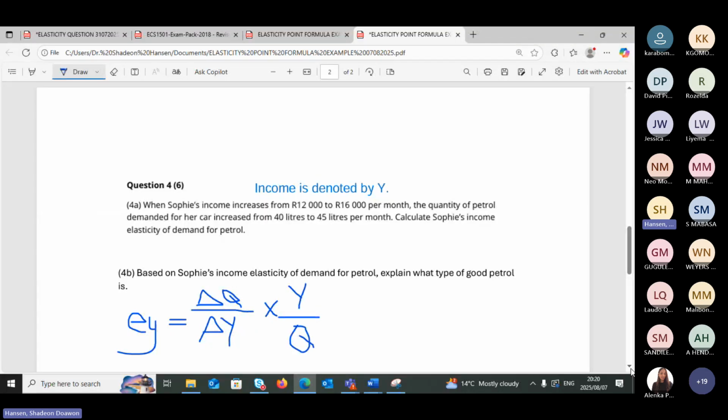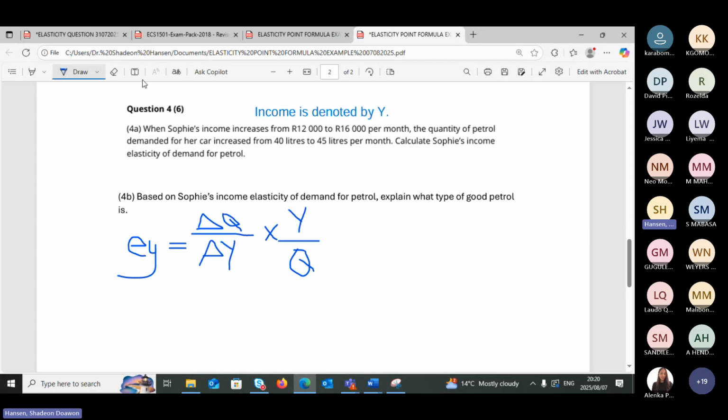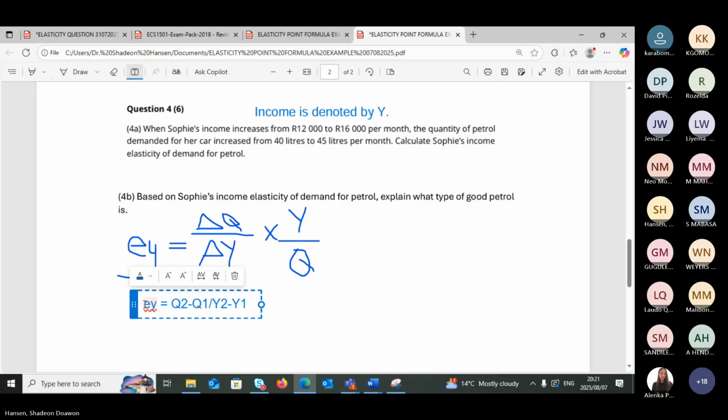Now, if we do that, students, we can do the substitution first. We have EY is equal to the change in the quantity: quantity 2 minus quantity 1, divided by Y2, income 2 minus income 1. I see there's a question in the chat. Let me just look at that. Okay.